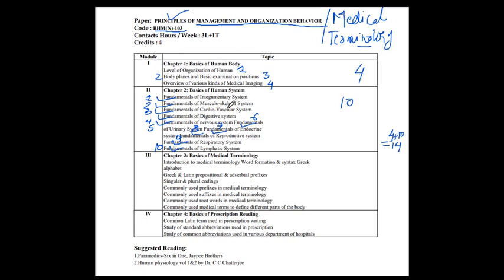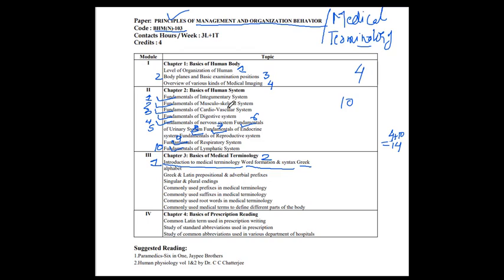Moving down to the next one, module 3. We can consider this first one, Introduction to Medical Terminology, as one topic. Then word formation as the next. Word formation and syntax as the next.